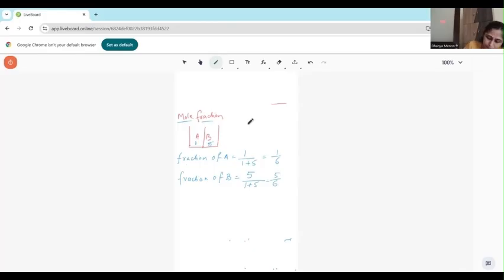Now, mole fraction is denoted by a symbol like an X. It's called chi. In some books, they refer to it as eta also.